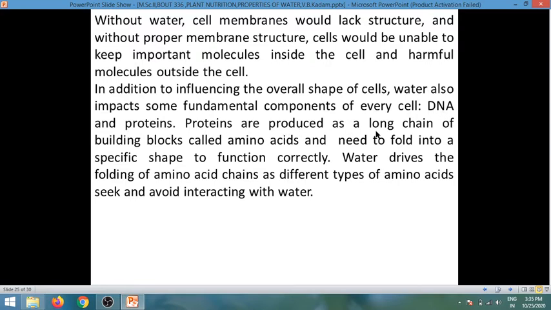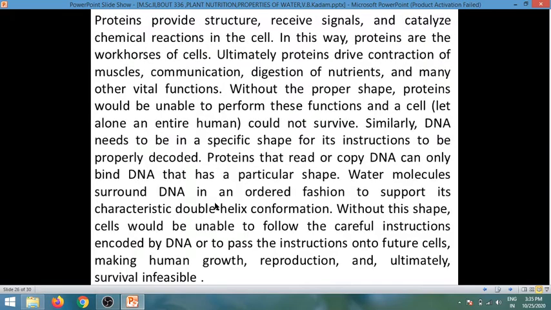Proteins are produced as a long chain of building blocks called amino acids and need to fold into a specific shape to function correctly. Water drives the folding of the amino acid chain as different types of amino acids seek and avoid interacting with water. Proteins provide structure, receive signals and catalyze chemical reactions in the cell.